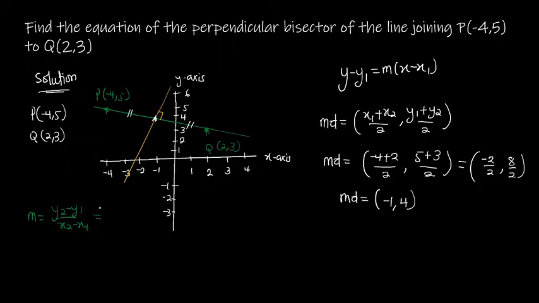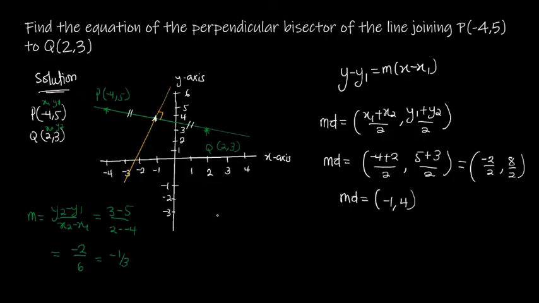This is my x1, y1, this is my x2, y2. So my y2 is 3 minus my y1, which is 5, on my x2, which is 2, minus my x1, which is negative 4. So this will be equal to 3 minus 5 will give me negative 2, 2 plus 4 will give me a positive 6. So this is equal to negative 1 on 3.